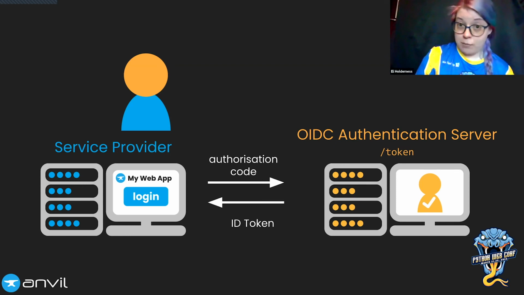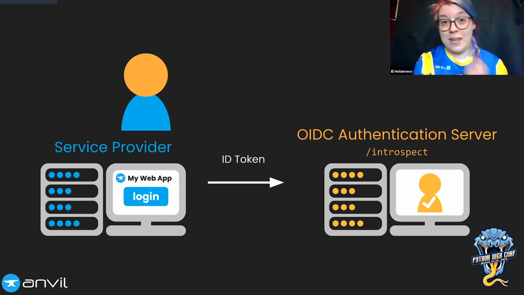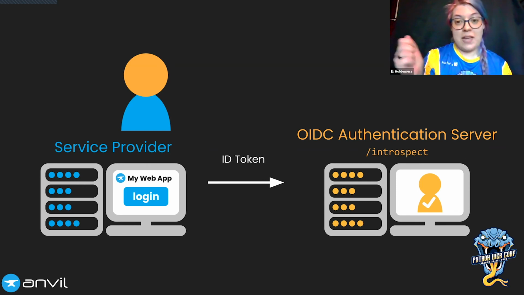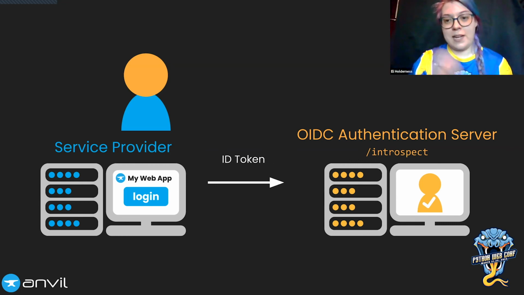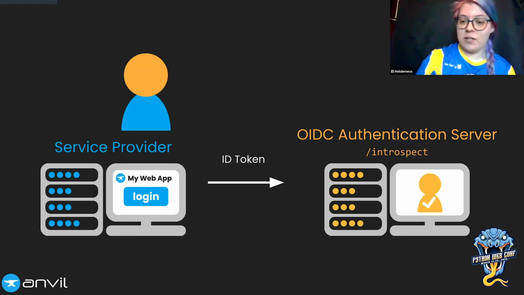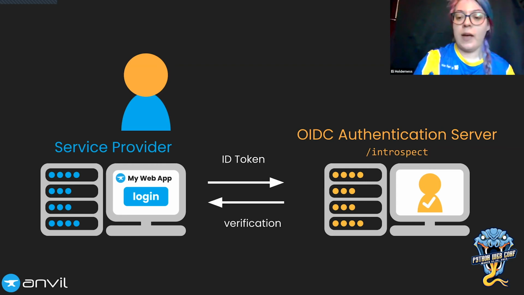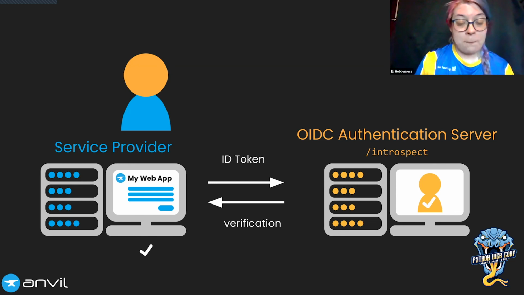And at this point, the service provider can either cryptographically verify that itself and log the user in, or it has the option to send that back to the authentication server to yet another endpoint called the introspection endpoint. And this allows the service provider to delegate not only authentication, but the verification of that token to the authentication server. The authentication server will receive the ID token and say, yeah, I issued that, and that person is who they say they are, you're good to go. And the user can be logged in.